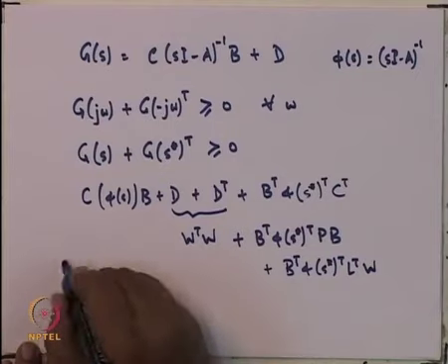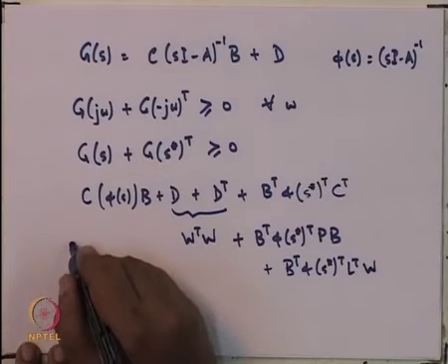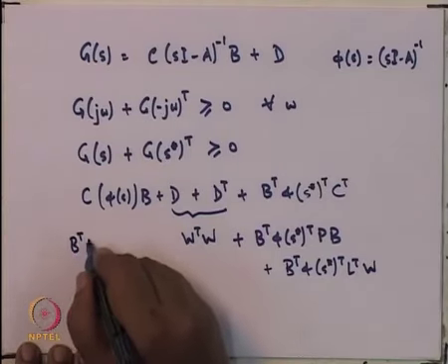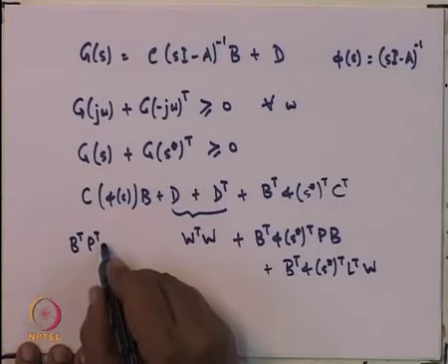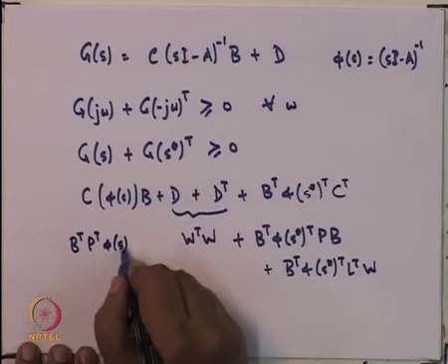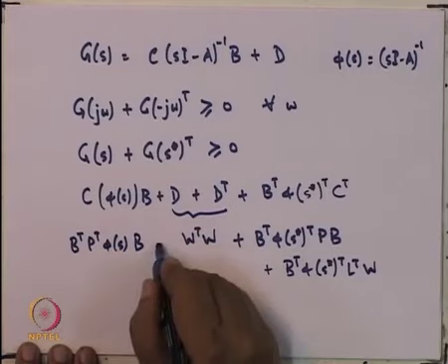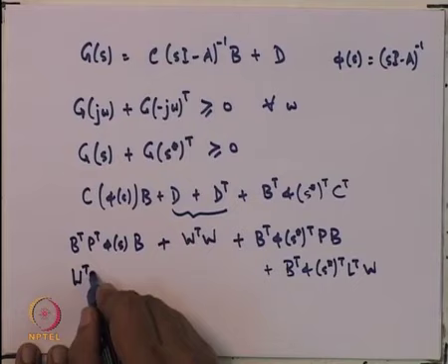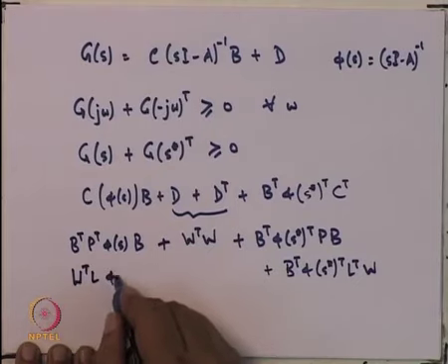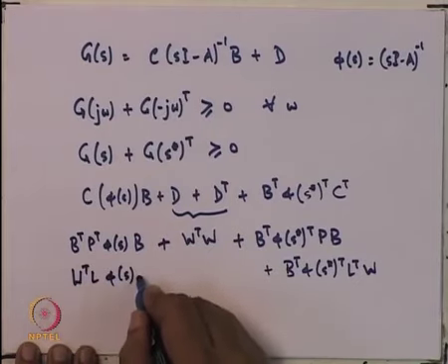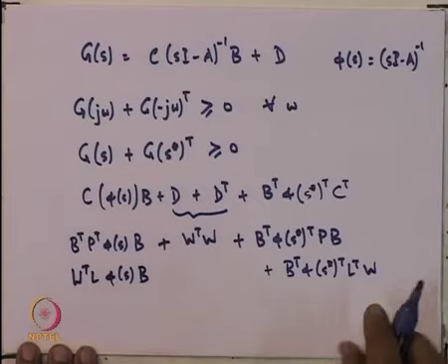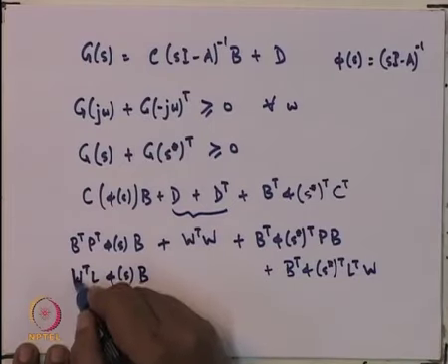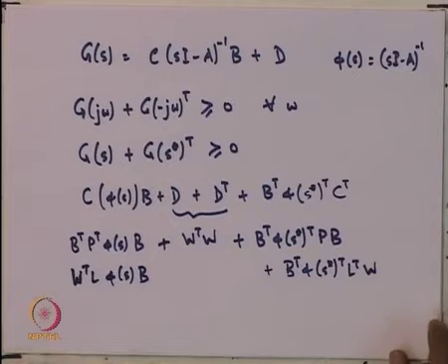So, maybe I should just write them down. I will get another term B transpose P transpose phi S B, and one more term which is W transpose L phi S B.